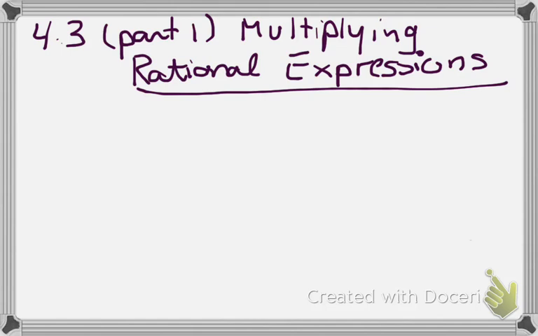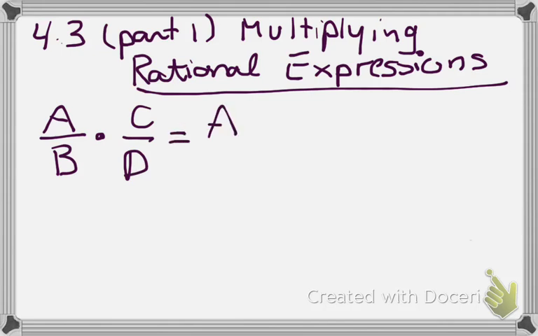So just like when we're multiplying fractions, we know, for example, a over b, whether it's a number or variables or whatever, multiplied by c over d. We know that when we multiply these, we just get a times c in the numerator, b times d in the denominator. So multiplying fractions is sweet because all we're doing is going straight across, multiplying our a and c as well as our b and our d.